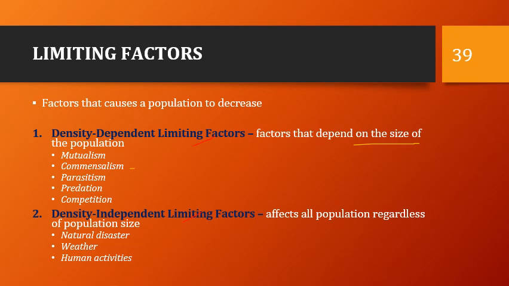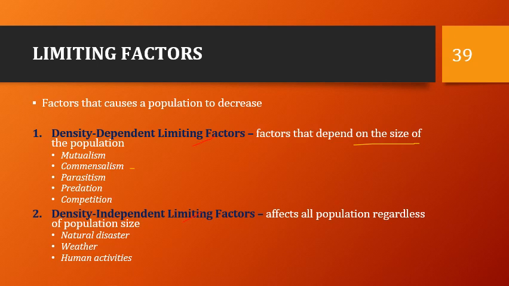So some forms of commensalism may indirectly impact the population, so affecting, of course, the other organisms. So parasitism, the presence of parasites can actually reduce the health and survival of the organisms of the population.